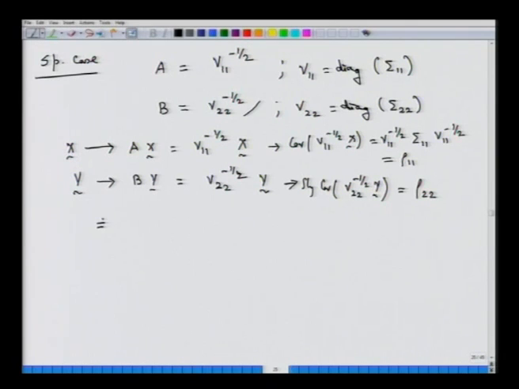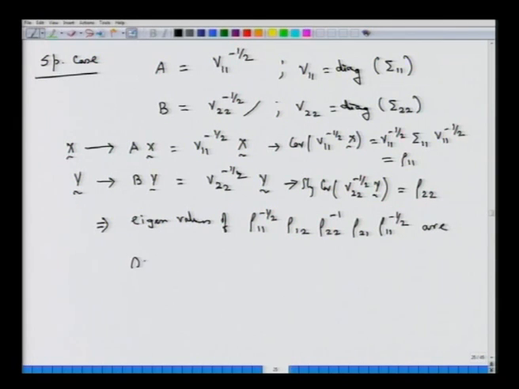So, this will imply that the canonical correlation coefficients, let me also write one more step, are the eigenvalues of rho 11 to the power minus half times rho 12, rho 22 to the power minus half, rho 21 times rho 11 to the power minus half.